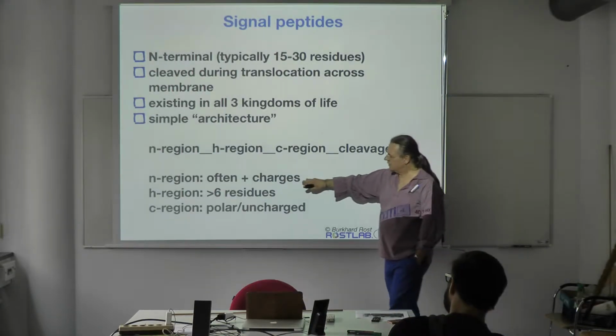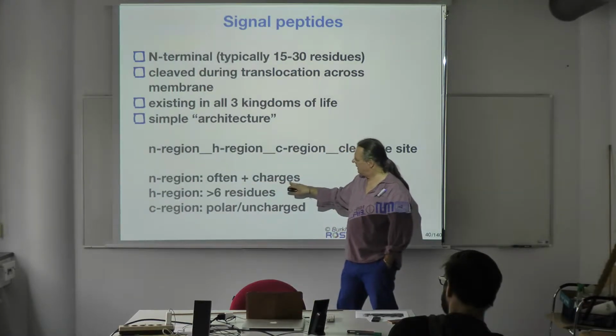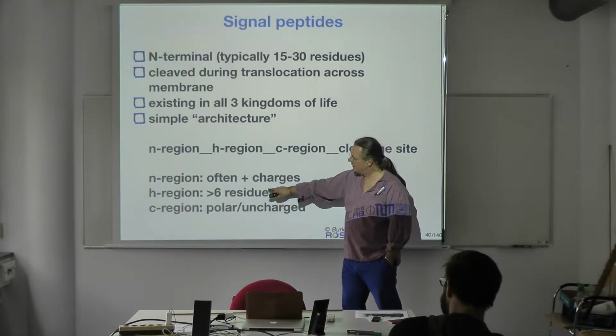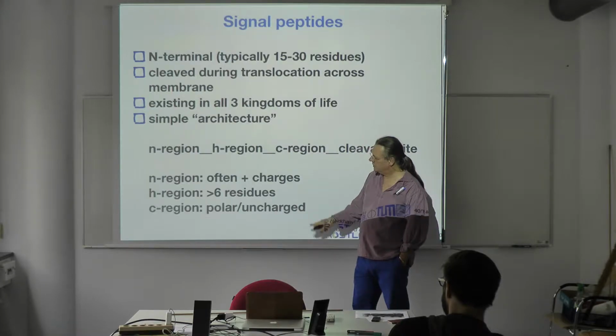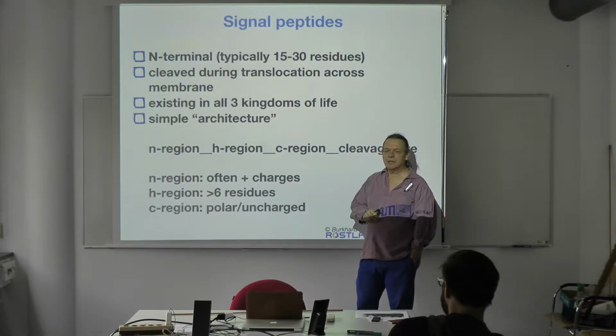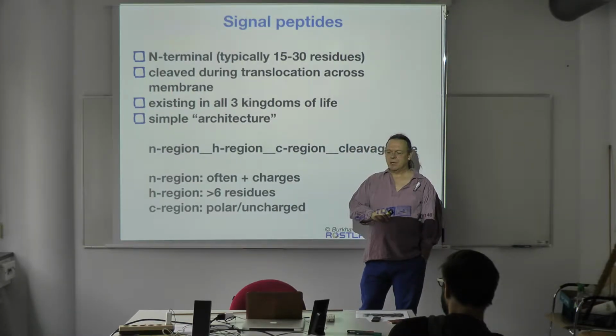And you see here, there are some characterizations. They often have charges. Here, the H region is at least 6 residues long. The C region is often polar and uncharged. So how could you capture that to derive a relatively simple prediction method?